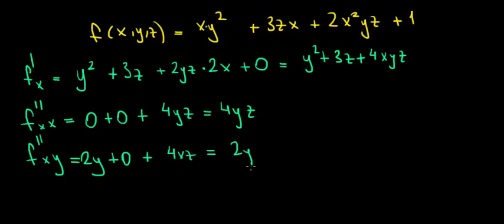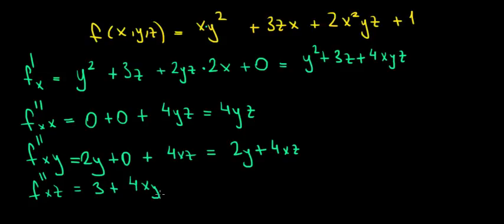So as a result it's 2y plus 4xz. And the last one would be the derivative with respect to x and one more derivative with respect to z. So y squared derivative with respect to z is 0, 3z derivative with respect to z is 3, and 4xyz derivative with respect to z, we keep just the constants, which is 4xy.